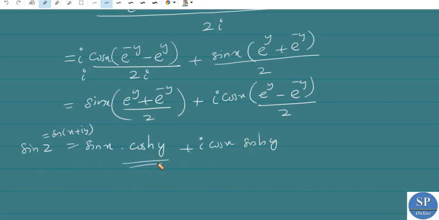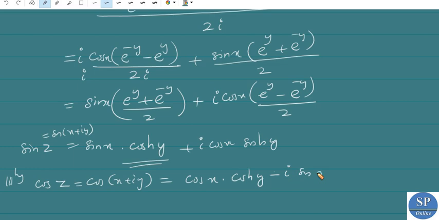In a similar way we can define cos z. I am leaving this to you. We have cos z equal to cos(x + iy), which equals cos x · cosh y − i · sin x · sinh y.